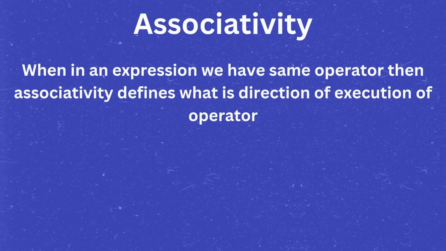When in an expression we have the same operator, then associativity defines the direction of execution of operators. Precedence will tell you which operator will get executed first. But when in an expression you have an operator being used multiple times, then the direction in which you should execute your operator is defined by associativity.